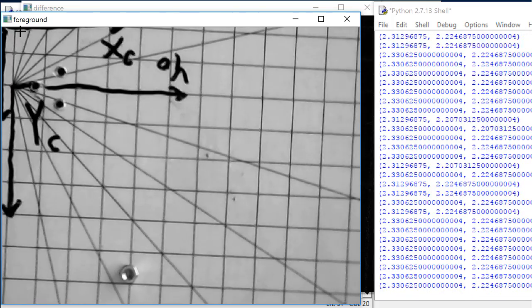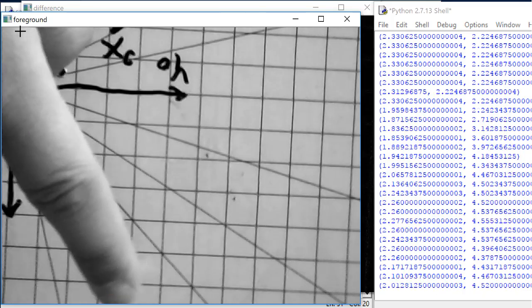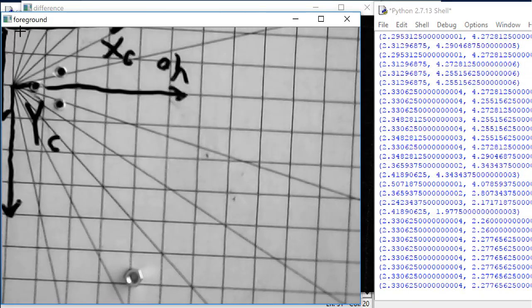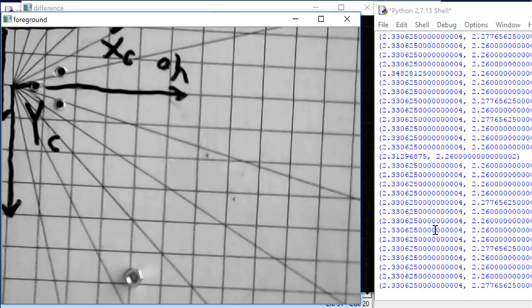That's the Y of the camera frame. I know the position of the nut in the camera frame. That's what's printing out to my screen right now. I want to know what's the location of the nut, but expressed in the base frame in x0, y0.